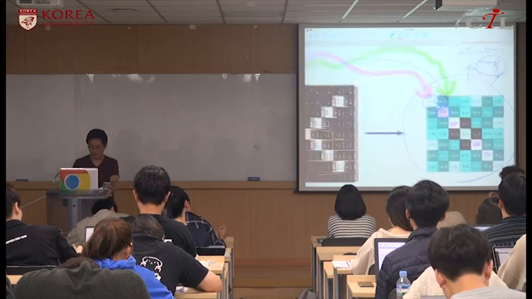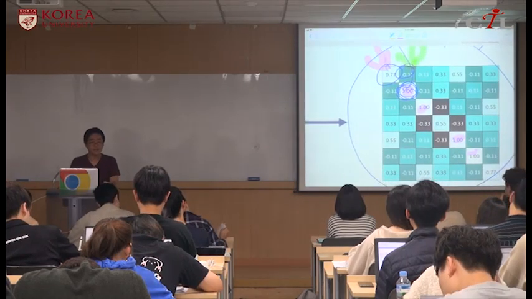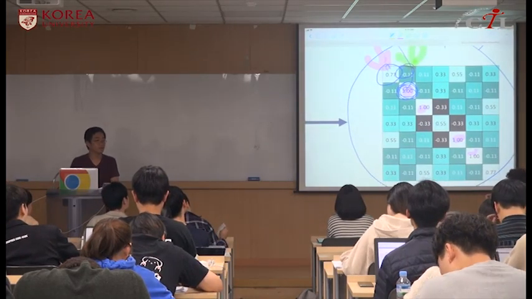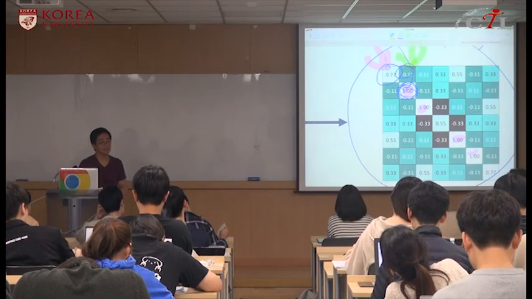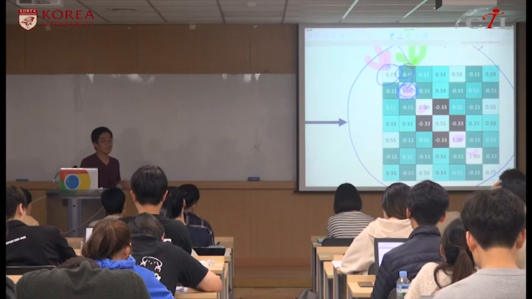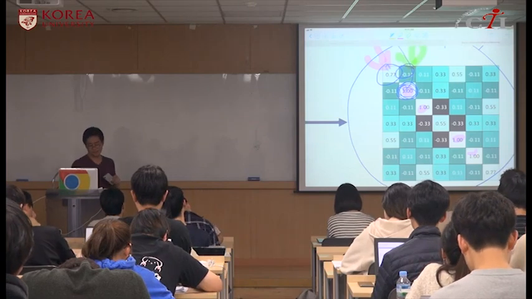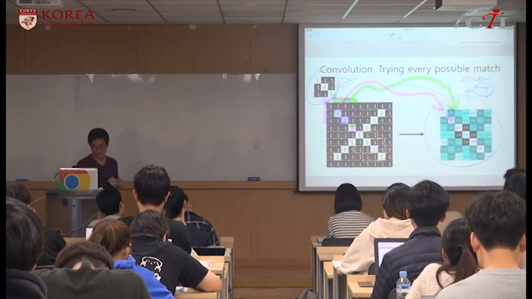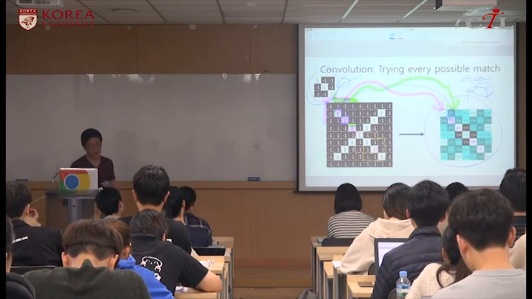So this is called the activation map, which means how much a particular region in our image is activated by matching it with our given filter.